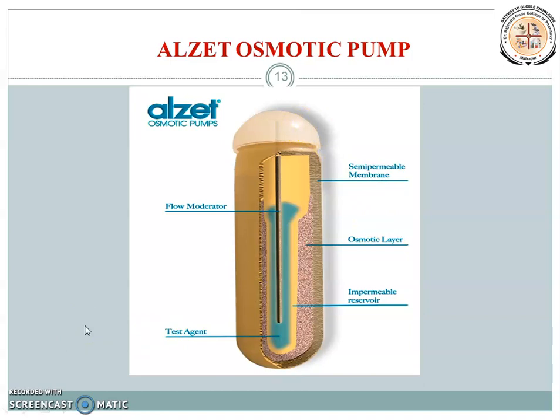So these implants or the parenteral type of osmotic pumps are generally used for the delivery of hormones, certain antibiotics, certain drugs, for delivery from a month to a year.